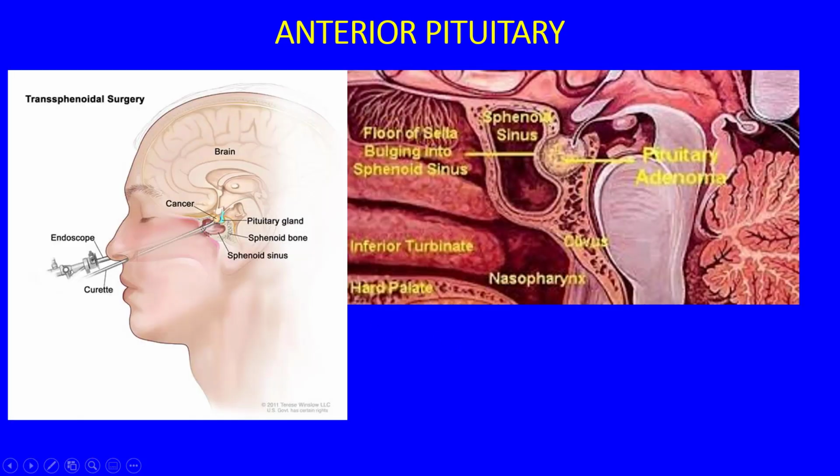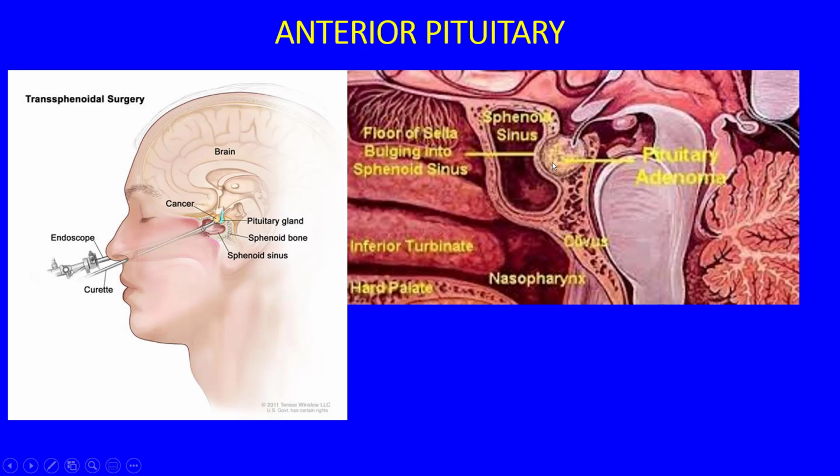This is a transsphenoid surgery. Yep, going up through the nose in the nasal area. What you do is you pass by the turbinates in the nasal cavity. You are going to basically go through the sphenoid sinus till you get to the floor of the sella turcica, which is right here. This is the pituitary adenoma, and with an endoscope, you can basically remove that with, I would say, a relatively high success rate.